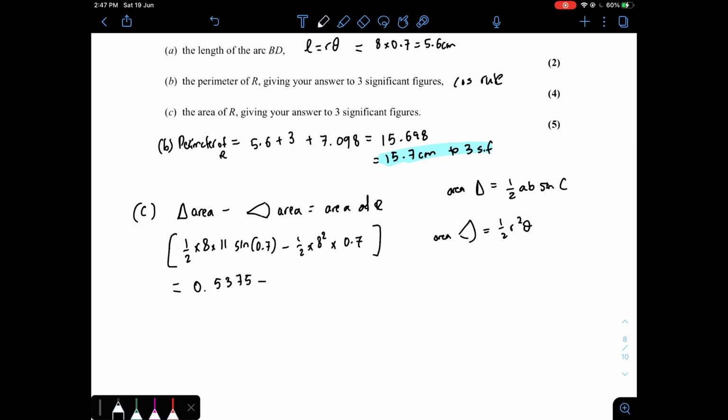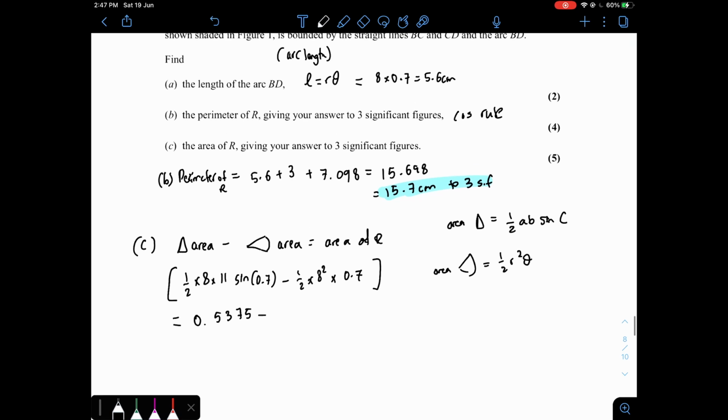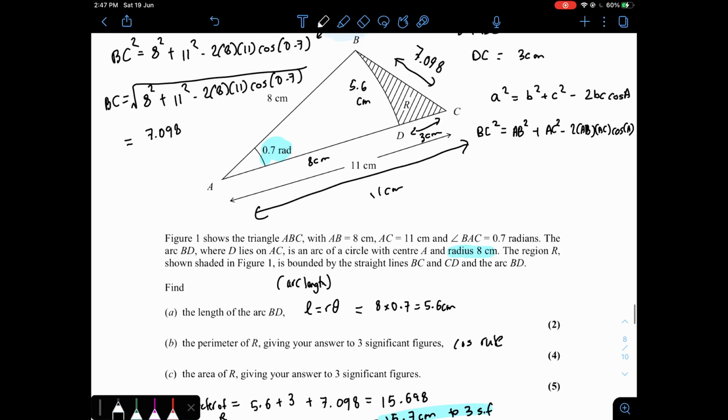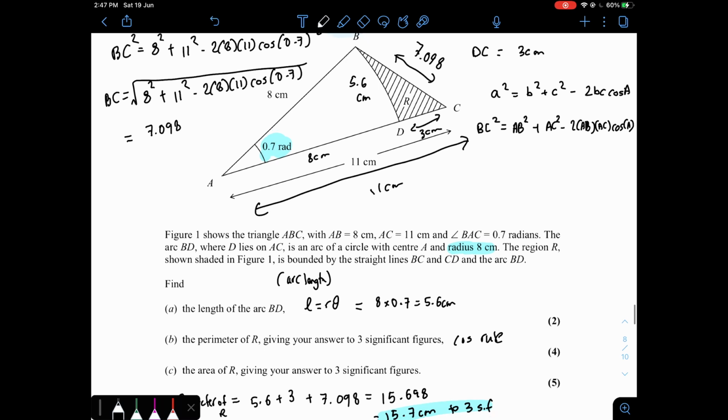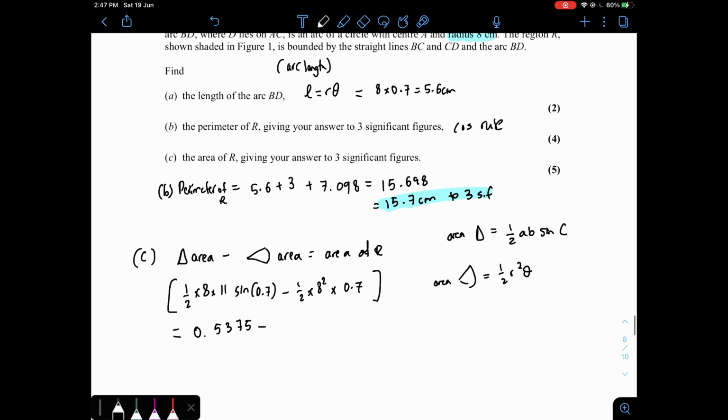So 0.5 times 8 squared times 0.7. Oh, I made a mistake. It should be in radians.